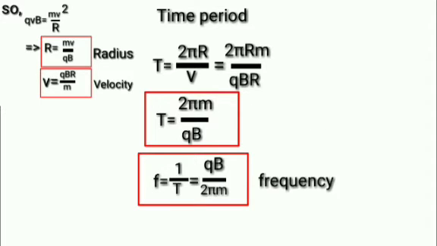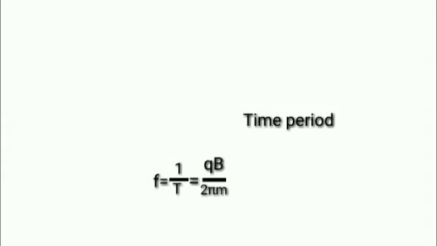So this is the formula for the frequency of the charged particle per unit time. These are the main expressions we use when we explain the theory and working of the cyclotron.